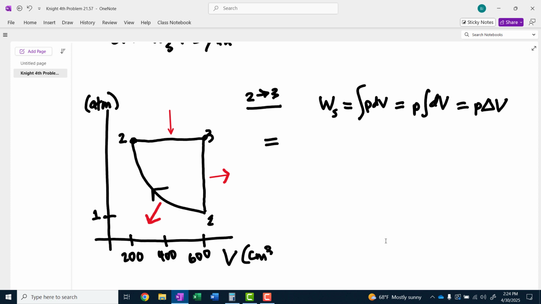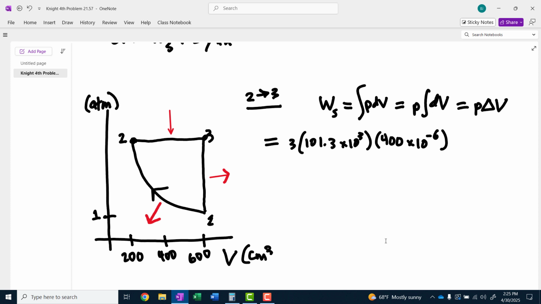So if I recall, the pressure at the top there is 3 atmospheres, so that's going to be 3 times 101.3 kilopascals. And the change in volume, we go from 200 to 600, so that's an increase of 400 cubic centimeters, which is 400 millionths of a cubic meter.